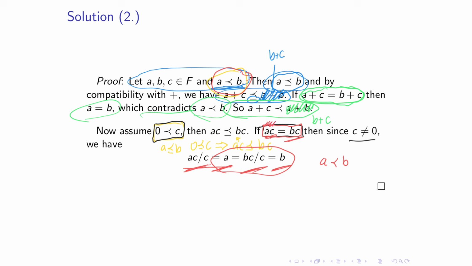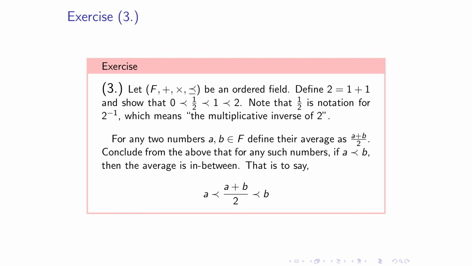This tells us that this equality must be false, and therefore AC strictly precedes BC, which is exactly what we needed to show in order to show that strict precedence is compatible with multiplication. Okay, moving on to exercise number 3.